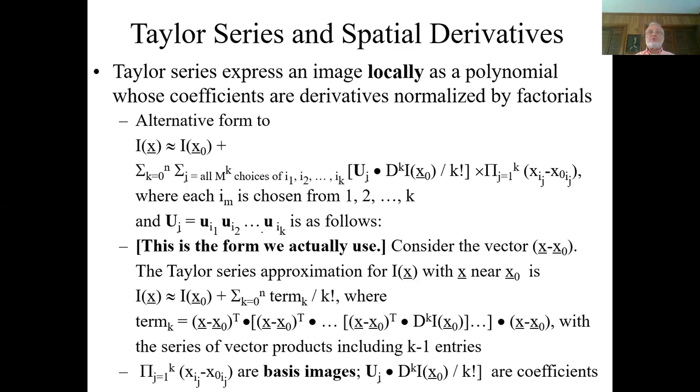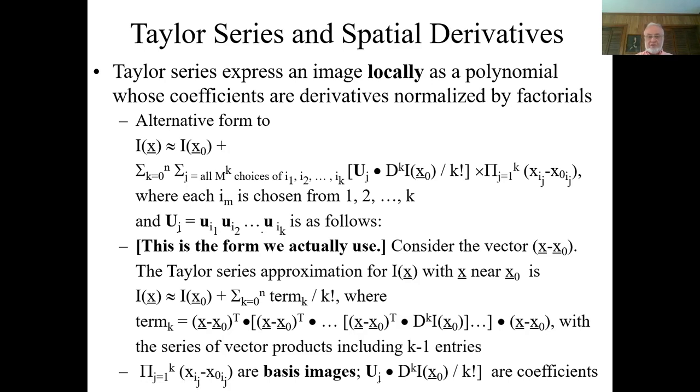So just as when we talked about vectors, we talked about the weighted sum of basis vectors, here we can talk about the weighted sum of basis images. The basis images are these polynomials that you see in the last line on the screen. They are the polynomial evaluated at all the pixels.